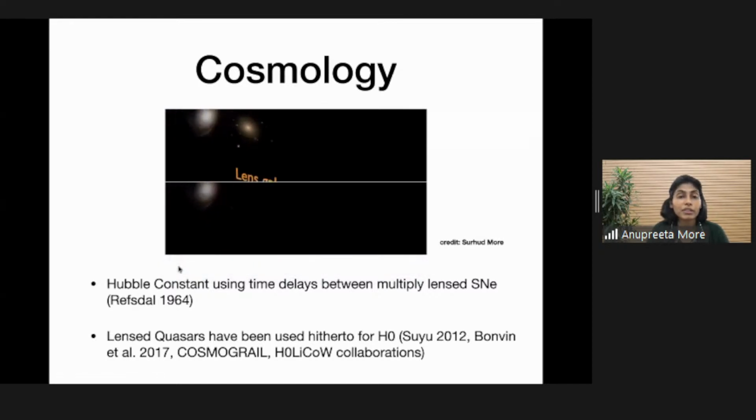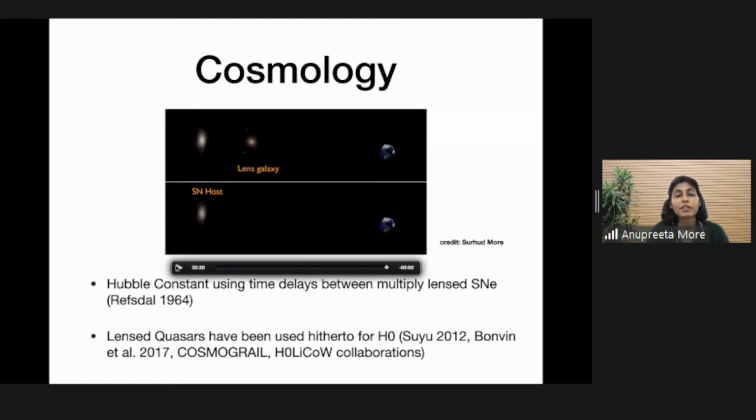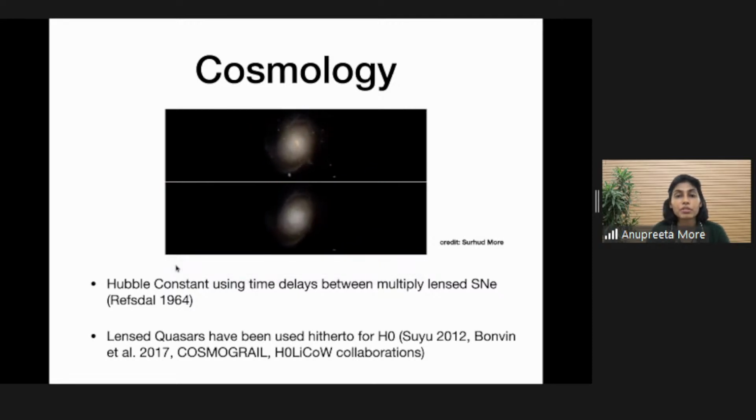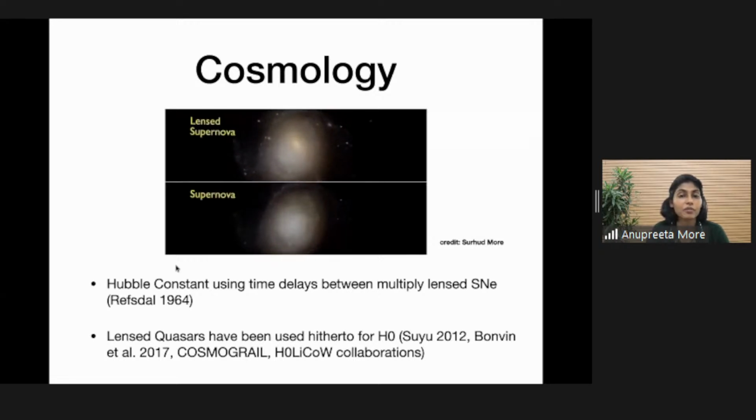However, as you know, supernovae are transient in nature, and the rate of supernovae is not that high. As a result, there are not that many lensed supernovae that are known in the literature. But instead of lensed supernovae, what the lensing community has managed to make use of are the lensed quasars, because the quasars themselves are variable sources, and they are not transient.